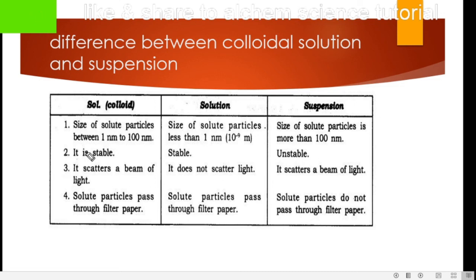A colloidal solution, as I told you earlier, can scatter the beam of light, a solution does not scatter the beam of light, and a suspension also scatters the beam of light.